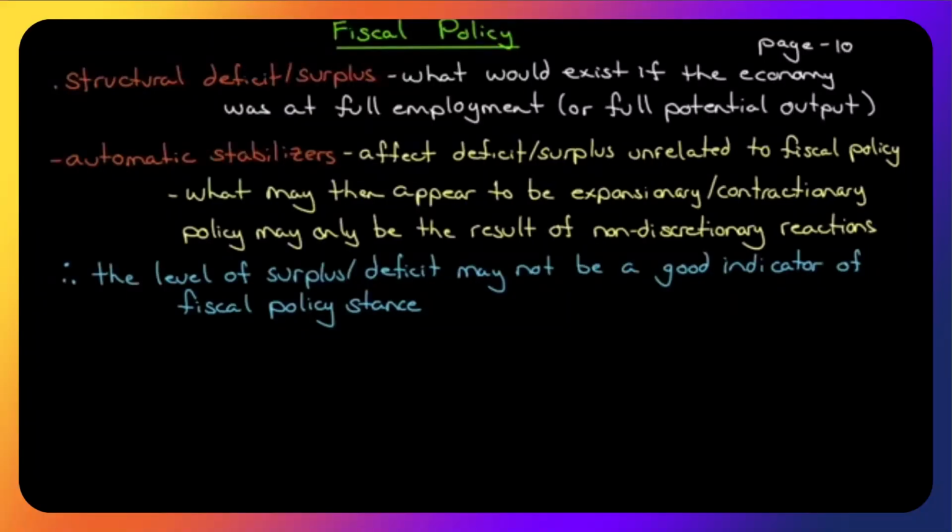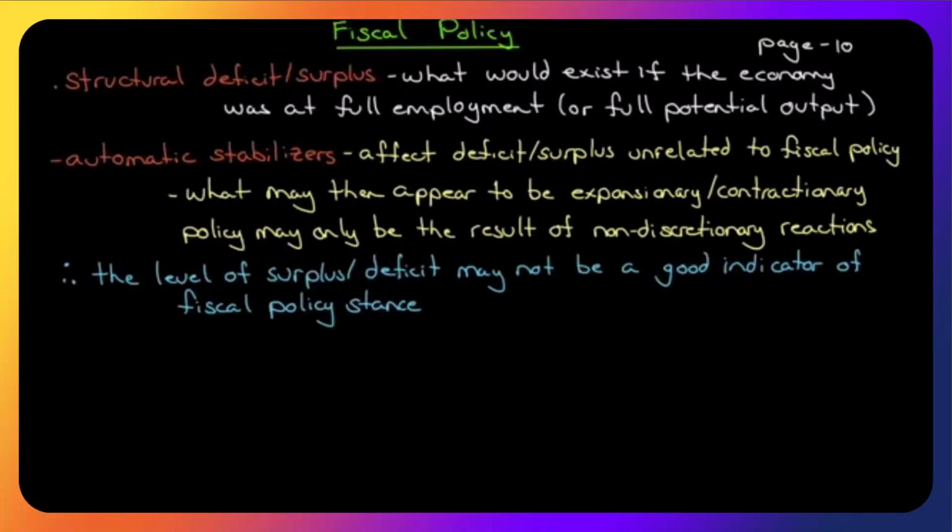But that ignores the automatic stabilizers that exist in an economy. Because an economy fluctuates from growth to recession, these automatic stabilizers could on their own create deficits and surpluses that are independent of policy. So to describe whether a deficit or surplus is being expansionary or contractionary, we first must determine, well, wait a minute now, maybe it's neutral and those are just the stabilizers doing it.